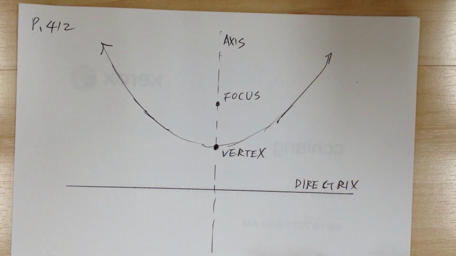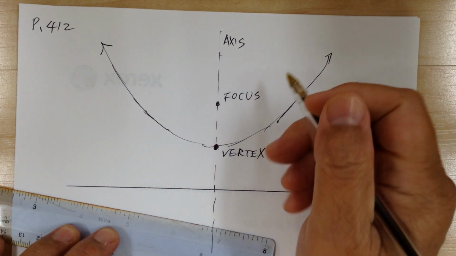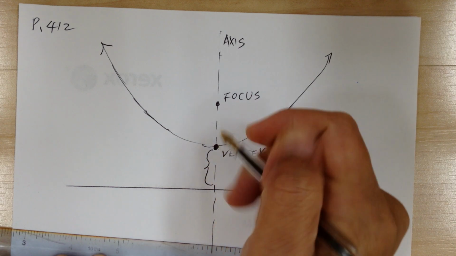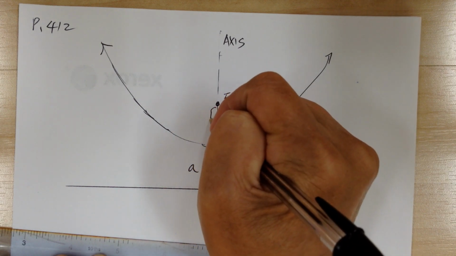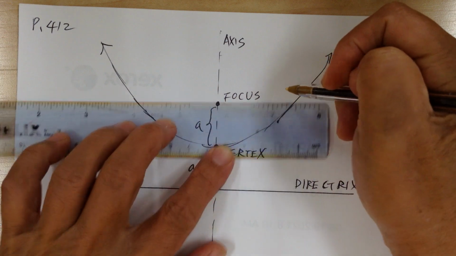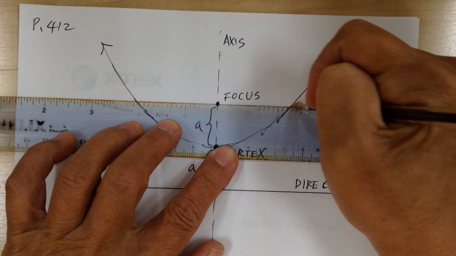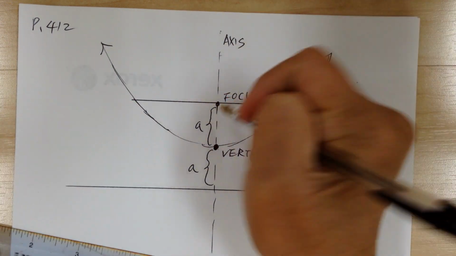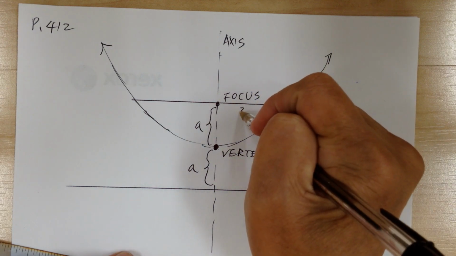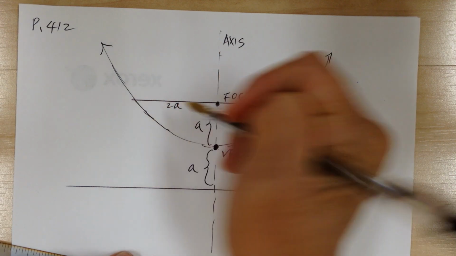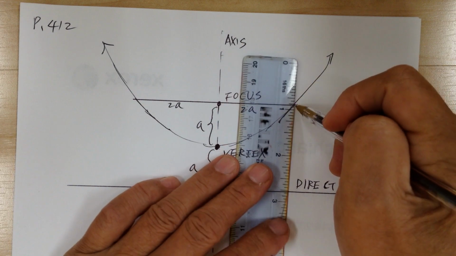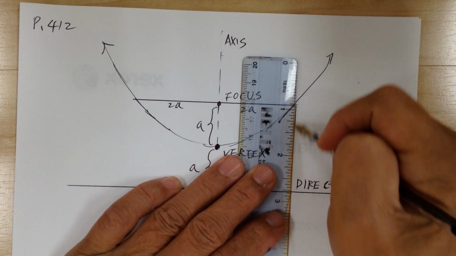Okay. Now, over here, this distance is the distance A. And when you're going across from the focus, this is 2A right over here. So basically you're going to get two squares over here.